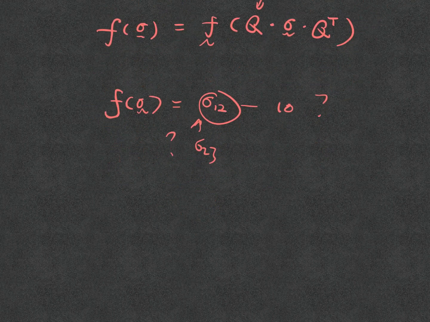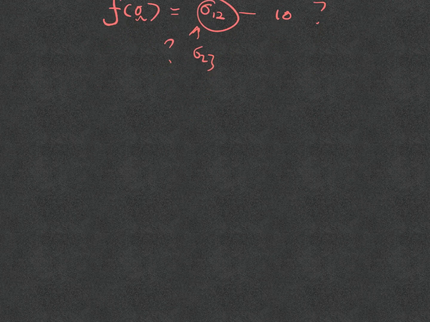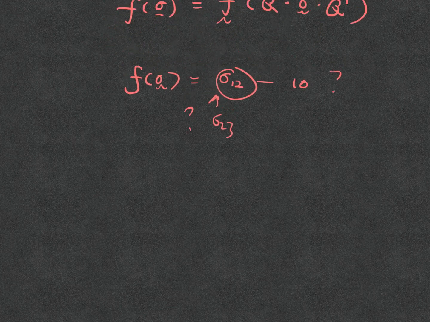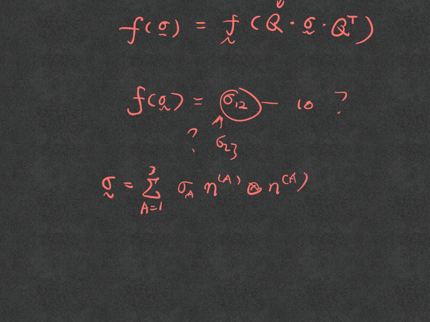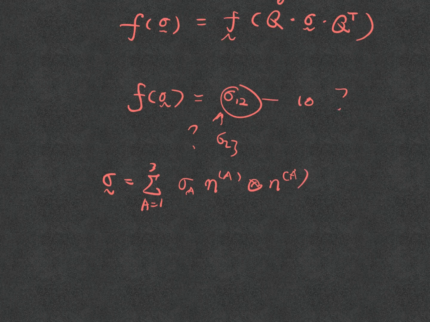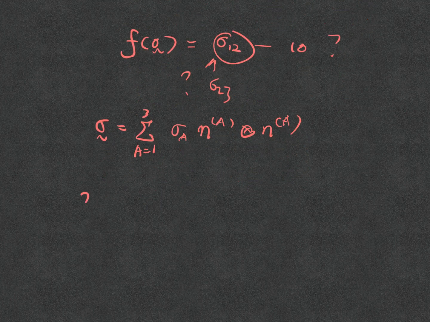Now there is another choice to write it that would make it very clear, and this is actually why we need the spectral decomposition. What if I write the stress? Okay, so I have this matrix, and then let me apply the rotations to the left and right directions.